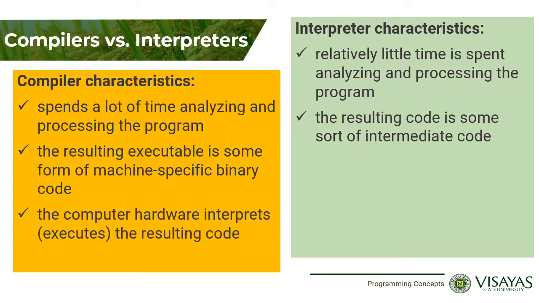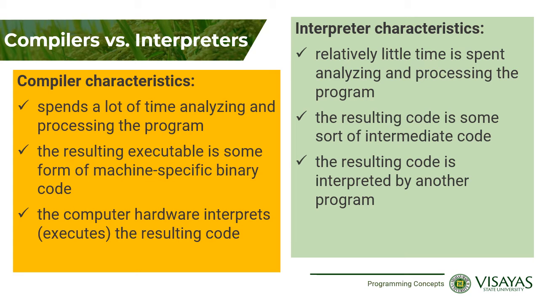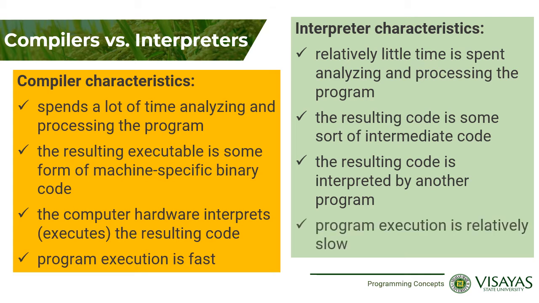Moreover, for compilers, the computer hardware interprets or executes the resulting code, while for interpreters, the resulting code is interpreted by another program. And lastly, program execution is fast for compilers while relatively slow for interpreters.